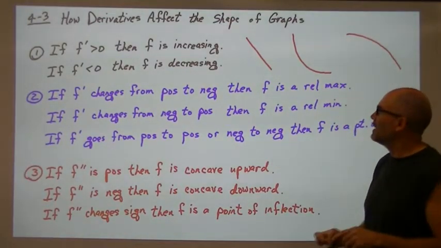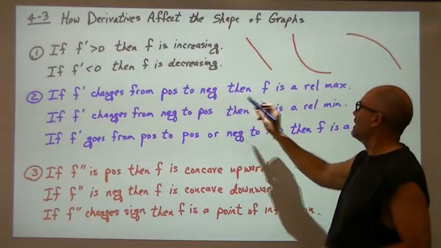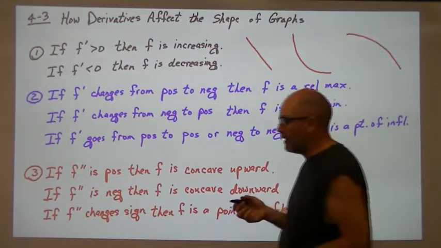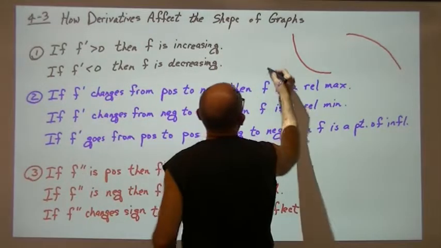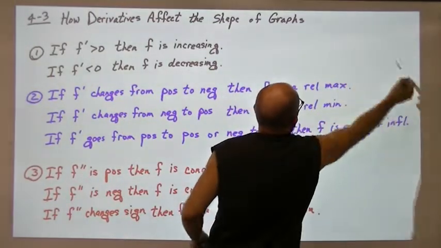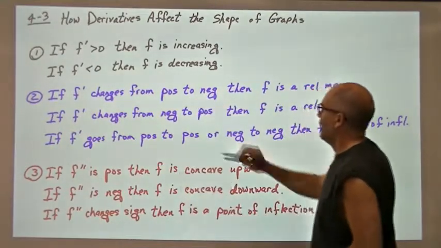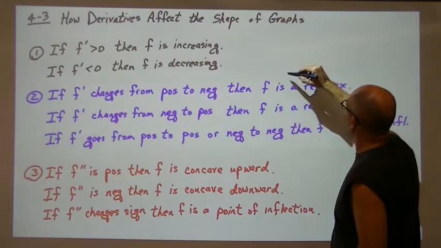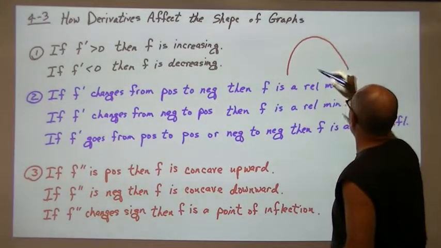So, second thing, if f prime changes from positive to negative, then f has a relative max at that point. Okay, what does that mean? If f prime changes from positive to negative, that means the curve goes from a positive slope to a negative slope.